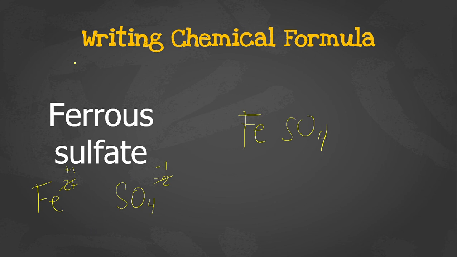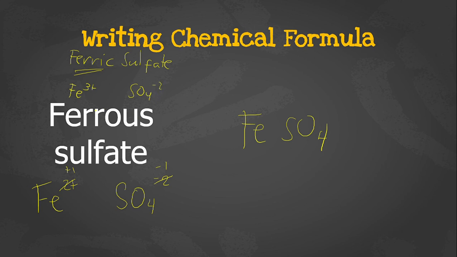Okay? Paano kung ferric sulfate? Kapag na-expire na yung ferrous sulfate mo, okay, magiging ferric sulfate na siya. Lasang kalawang. At pag ininom mo yan, mangangasim yung sikmura mo kasi ito ay acidic yan eh. Okay, so ferric is Fe3 positive, while sulfate is SO4 negative 2.